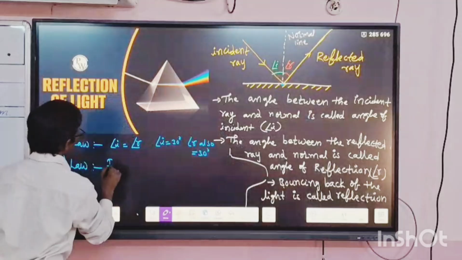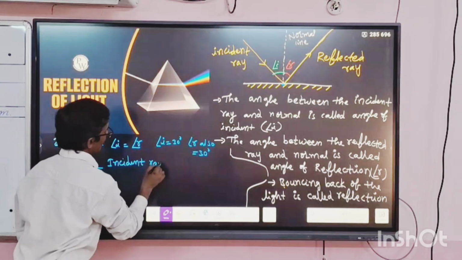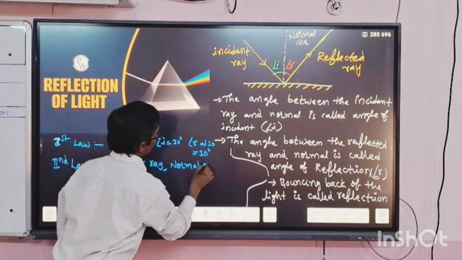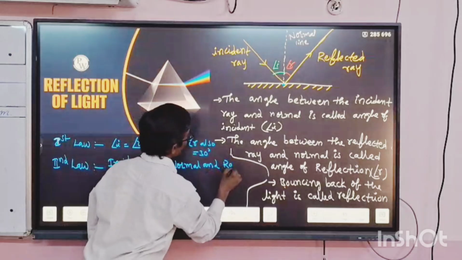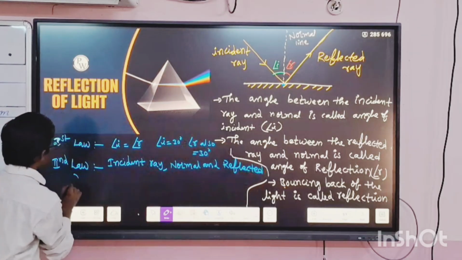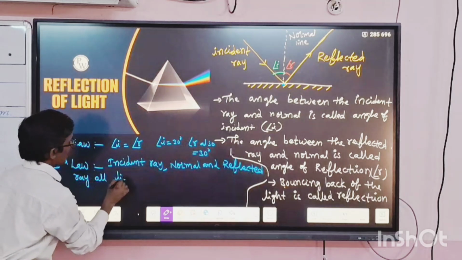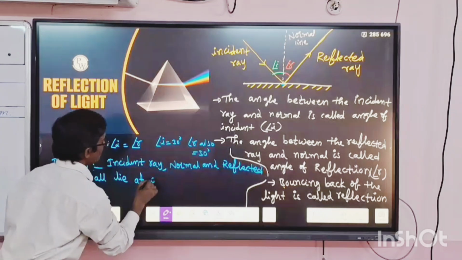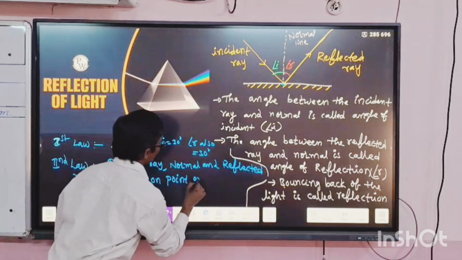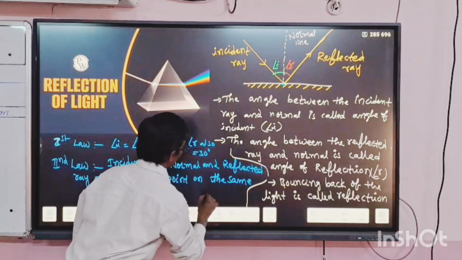Write: incident ray, normal, and reflected ray all lie at one point on the same plane.